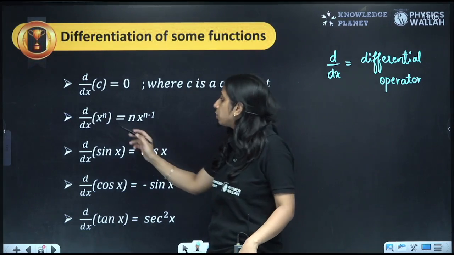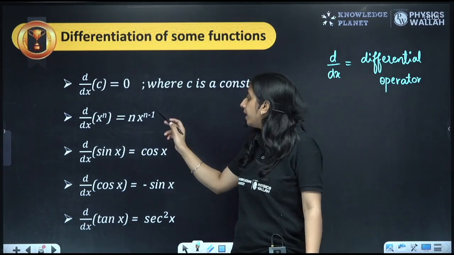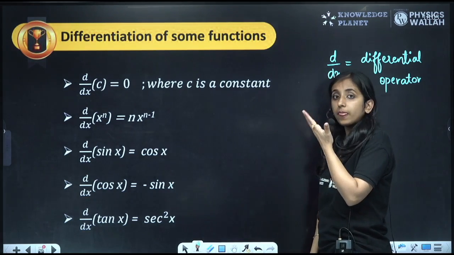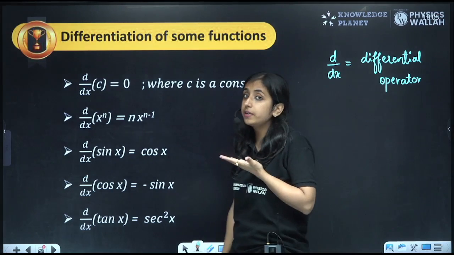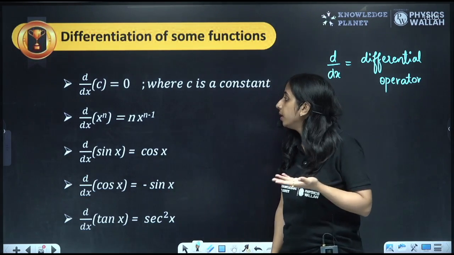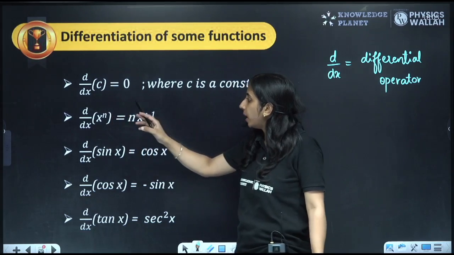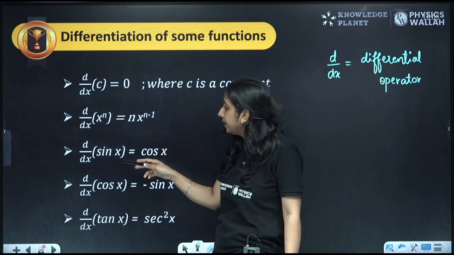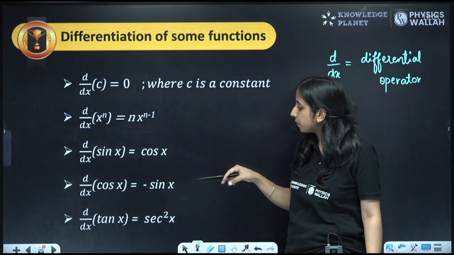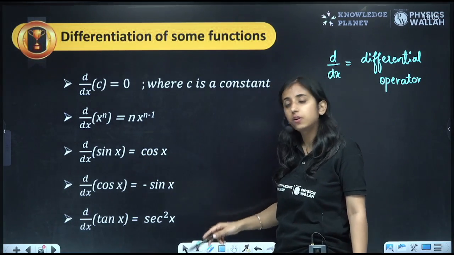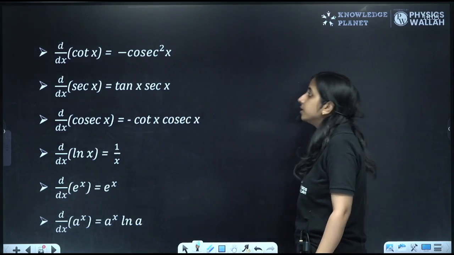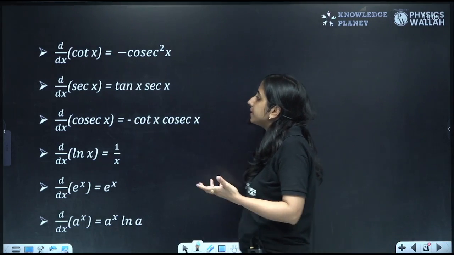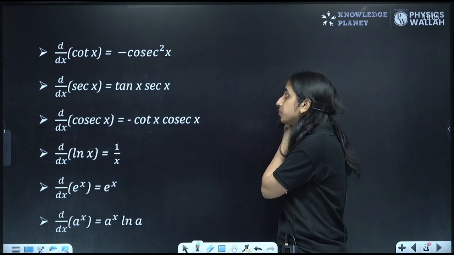So differentiation of x raised to the power n is: n will come forward, and reduce the power of x by 1. You have to remember all these differentiations for fixed functions. So d by dx of x^n is n x^(n-1). Sin x gives cos x, differentiation of cos x is minus sin x, differentiation of tan x is secant square x, differentiation of cot x is minus cosecant square x, differentiation of secant x is tan x into secant x.